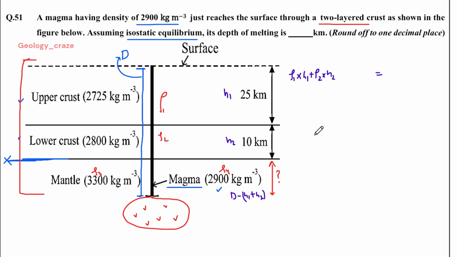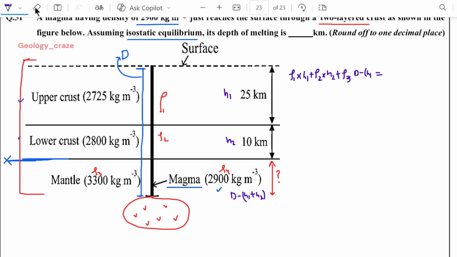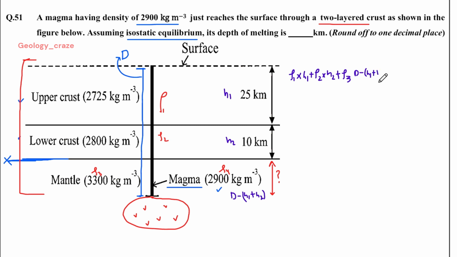In a similar way, this layer also, this one is our rho 3, but in this case we have to multiply with d minus h1 plus h2.